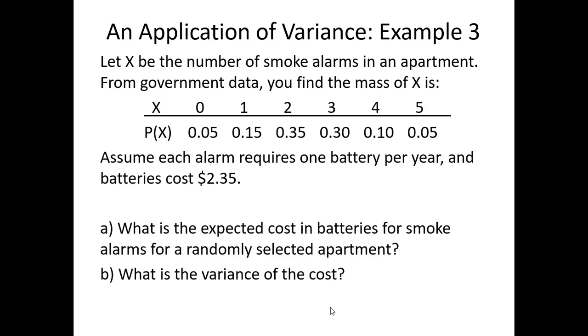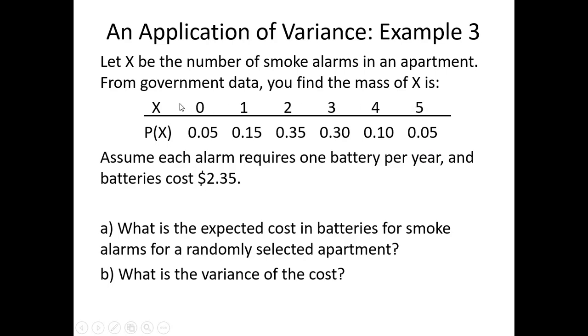Maybe these are all apartments on Long Island. From government data, you find the mass, also called the PMF, the probability mass function. So X varies from 0 to 5. That would be a lot of smoke alarms in one apartment, but it happens, not too often, 5% of the time.